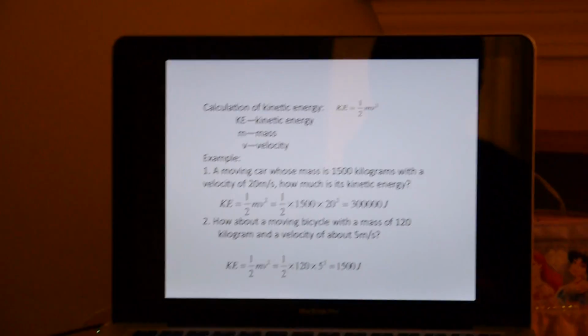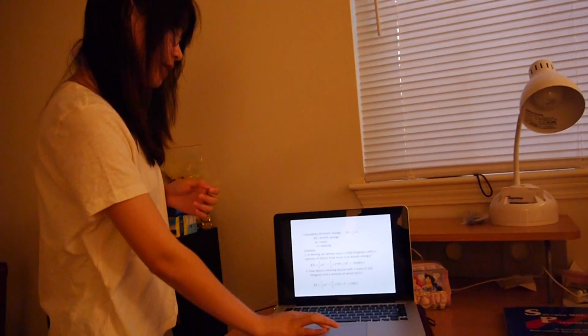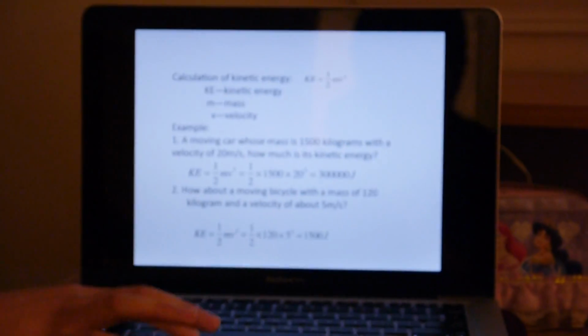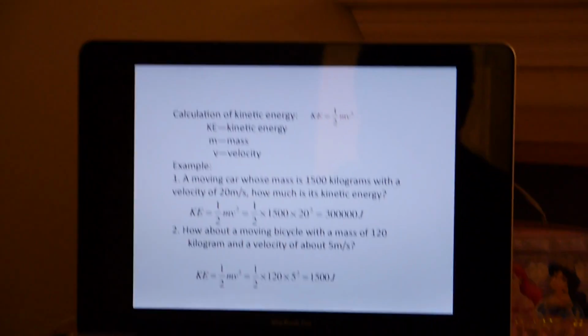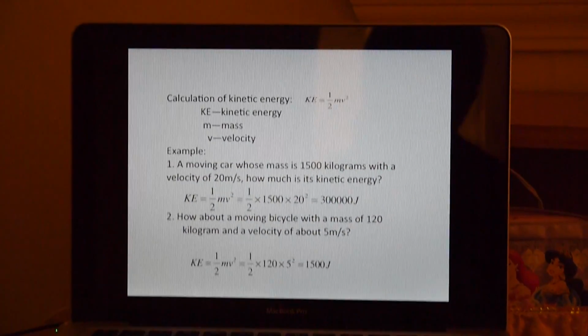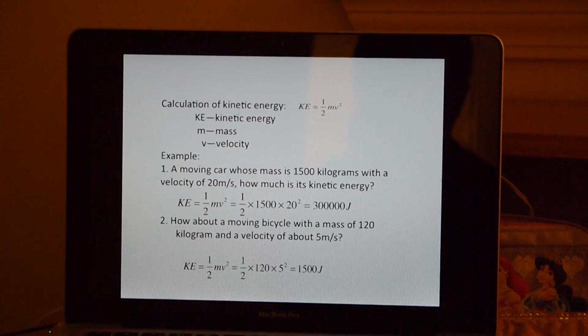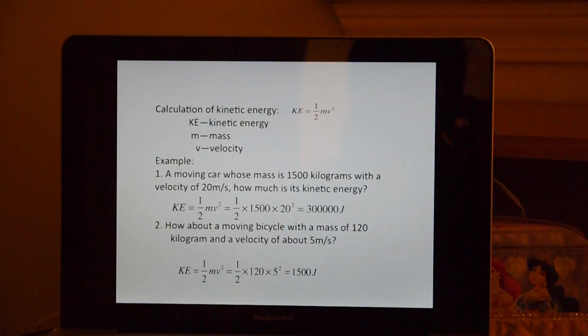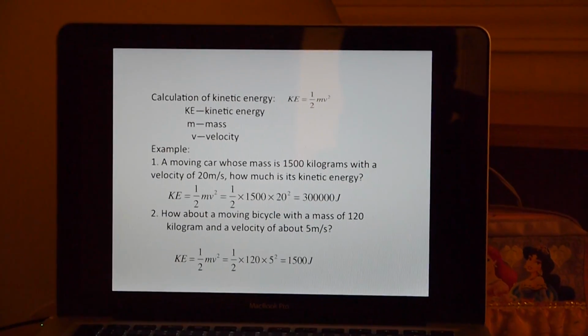That is a lot of energy, right? So now, here is another example. It's a moving bicycle whose mass is about 120 kilograms and the velocity is about 5 meters per second.